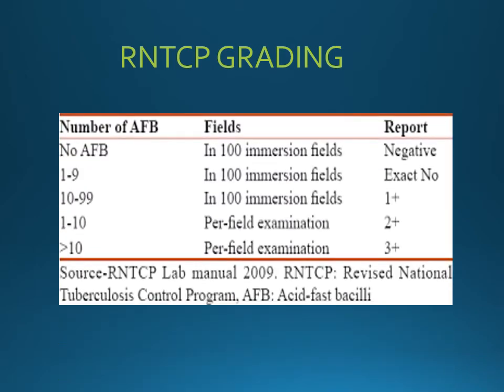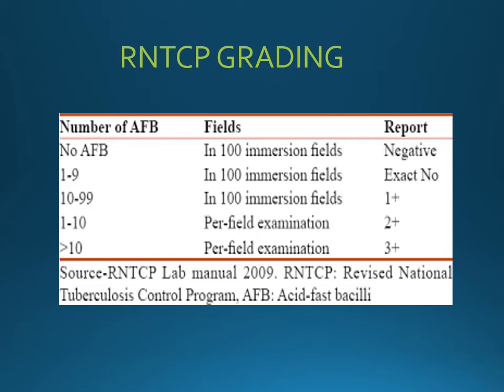So what is this RNTCP grading? It is done on the basis of how many bacteria we see under the oil immersion field. If we see no acid fast bacteria, we report it negative, but we have to see at least 100 fields or 15 minutes of screening.